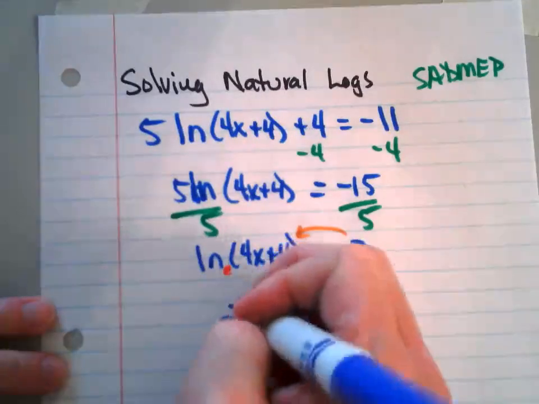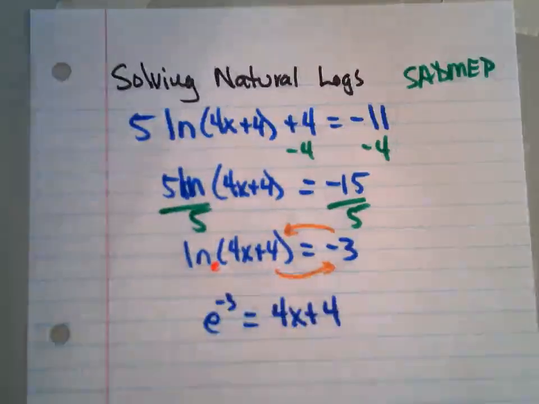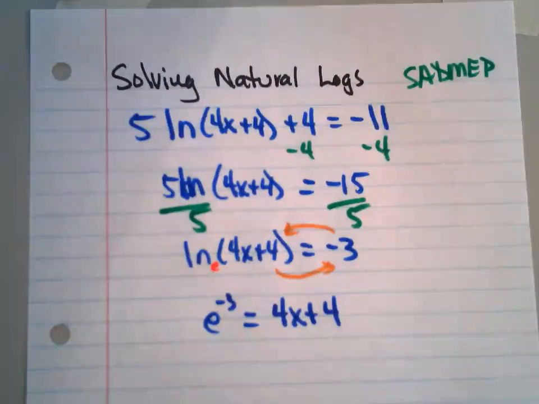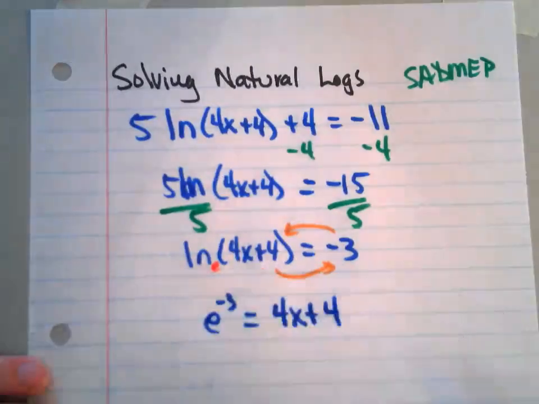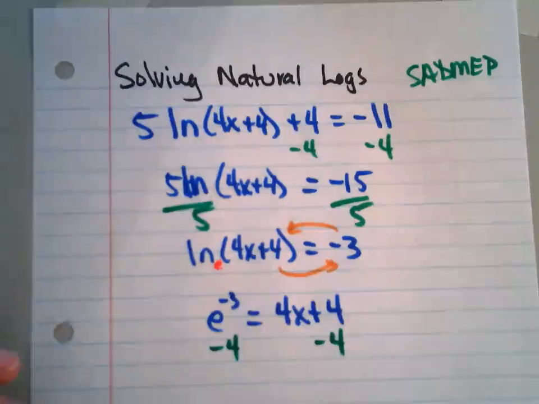e to the negative third equals 4x plus 4. It wants the exact value, so we're not going to be using decimals on this. So we will just keep using SADMAT. Minus 4, minus 4.